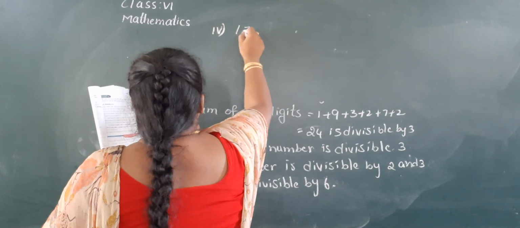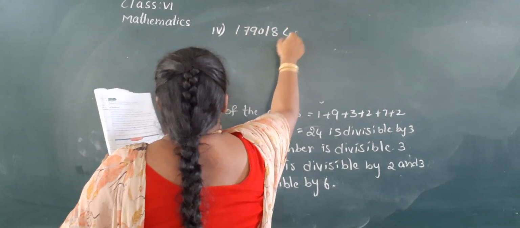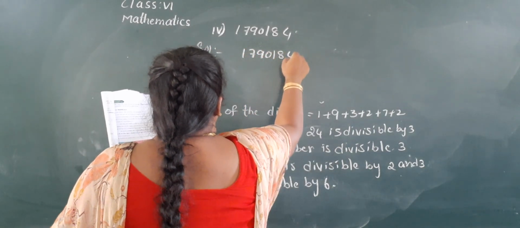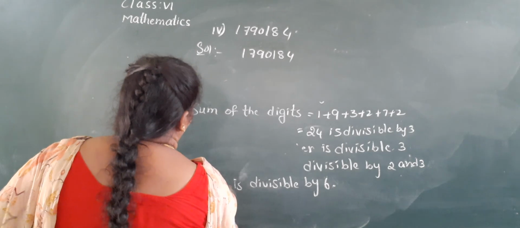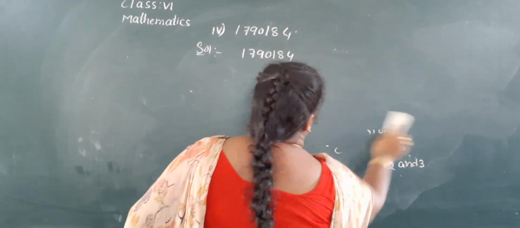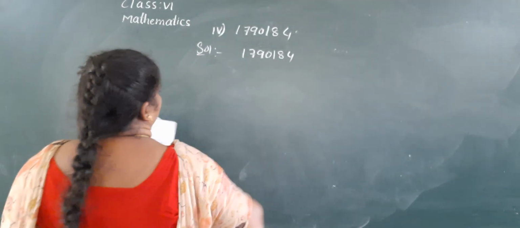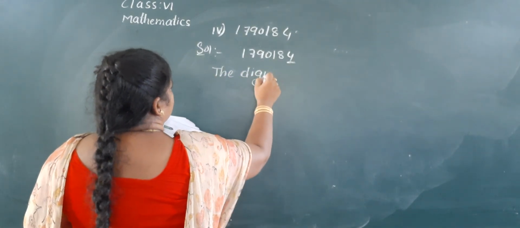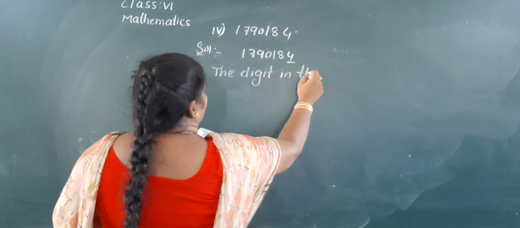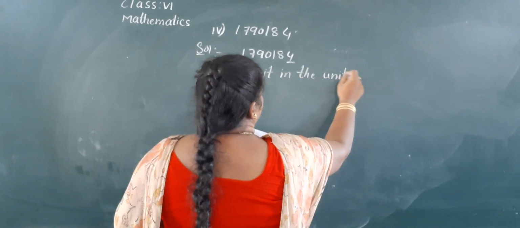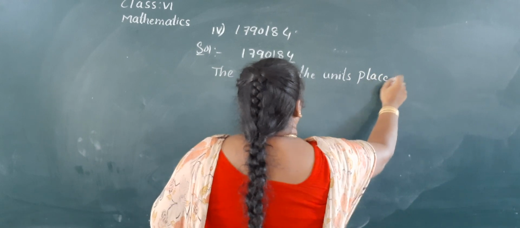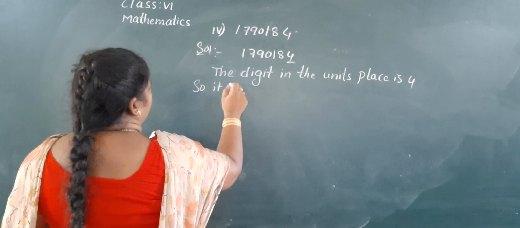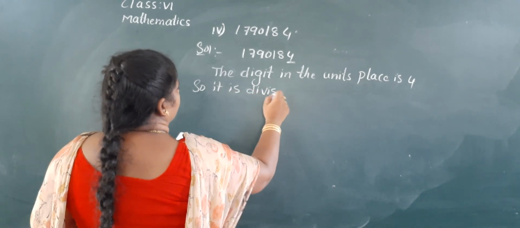Now fourth problem, 1790184. So first note down the given number and check it. What's there in the units place? Yes, 4. So the digit in the units place is 4. So it is divisible by 2.